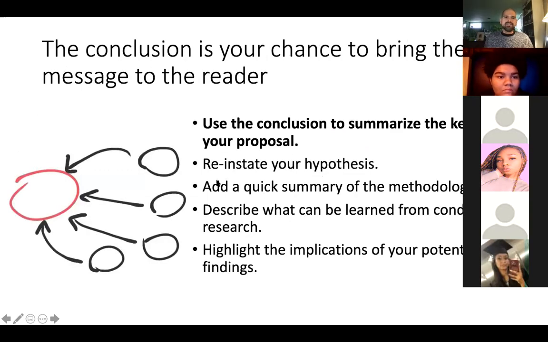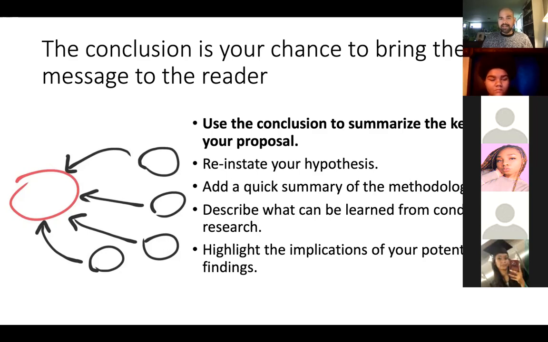All right. So conclusion. The conclusion is your chance to make sure that you summarize things and that you truly bring home the message for the reader. Yes, you wanna summarize the proposal, but you wanna do it by reiterating your hypotheses, giving a very brief summary of the methodology, and then most importantly, you want to describe what can be learned from conducting the research.